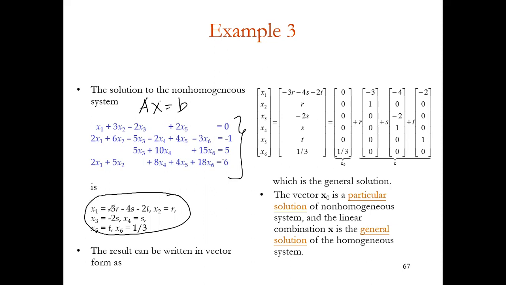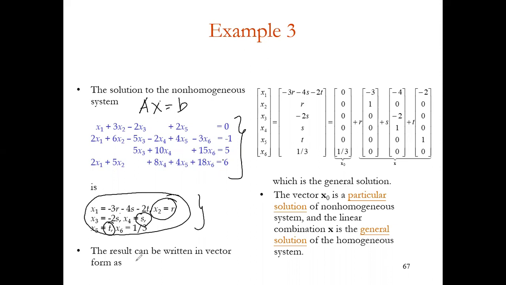For example, x1 is minus 3r minus 4s minus 2t. x2, we determine as r. x4 is s, x5 is t, and we have x1 until x6. This is the solution.